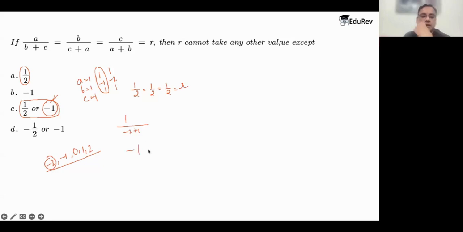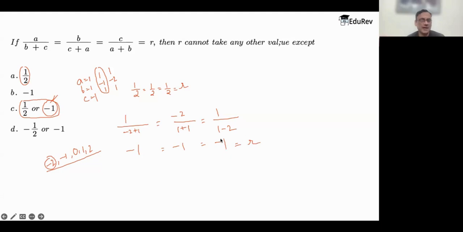Right, so this -1 is equal to B, which is -2 upon C plus A, which is 1 plus 1, which is -2 upon 2, which is also -1, which is equal to C, which is 1 upon A plus B, which is 1 minus 2, which is again 1 upon -1, which is -1. So it is equal to R. So you can get R is equal to -1 also.